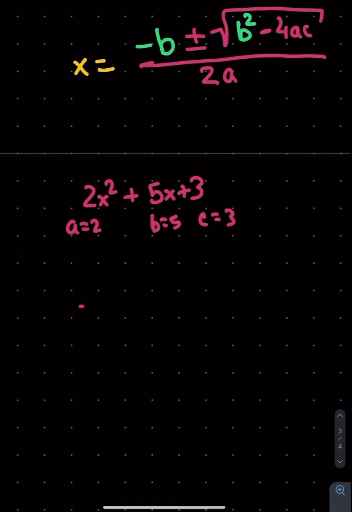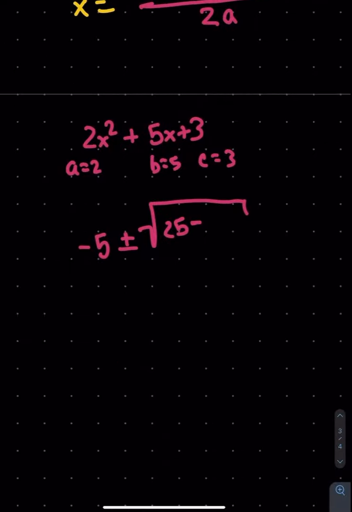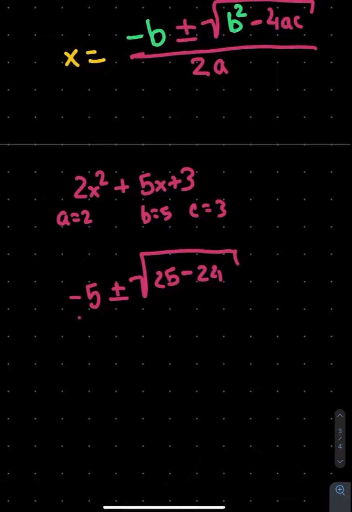Negative b, so negative 5 plus or minus the square root of 5 squared, which is 25, minus 4ac, so 4 times 2 times 3. 4 times 2 times 3 is just 4 times 6, which is 24, over 2 times a, which is 2, so that's 4 over here.